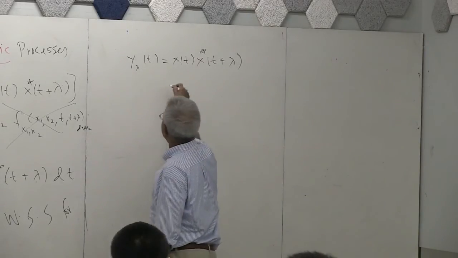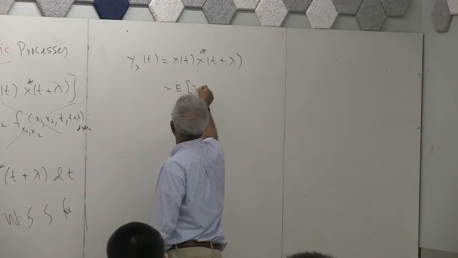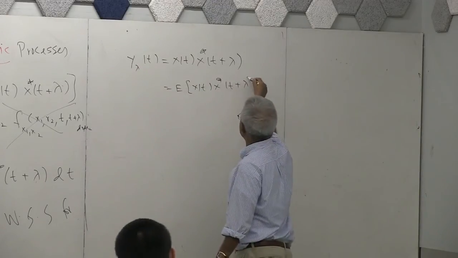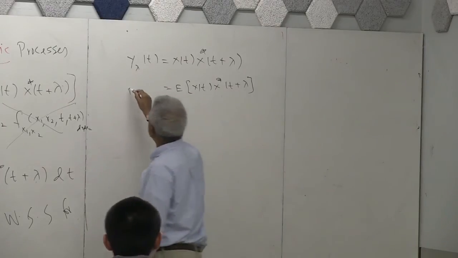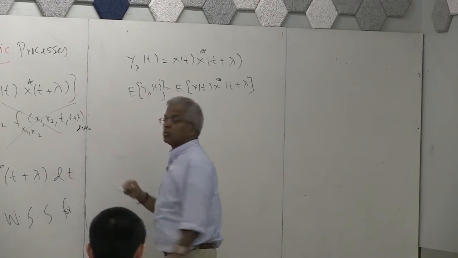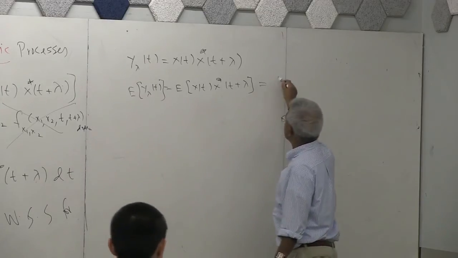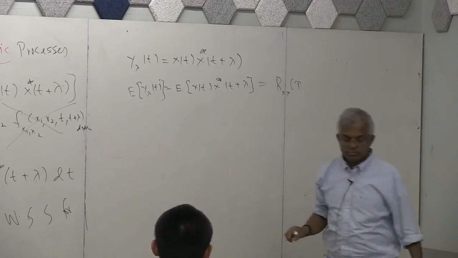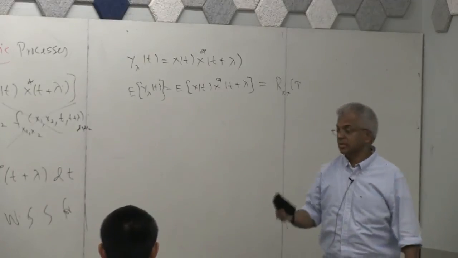So what we are asking is, we want expected value of x of t x star of t plus lambda, which is the same as expected value of y lambda of t. You want this to look like Rxx lambda, right?